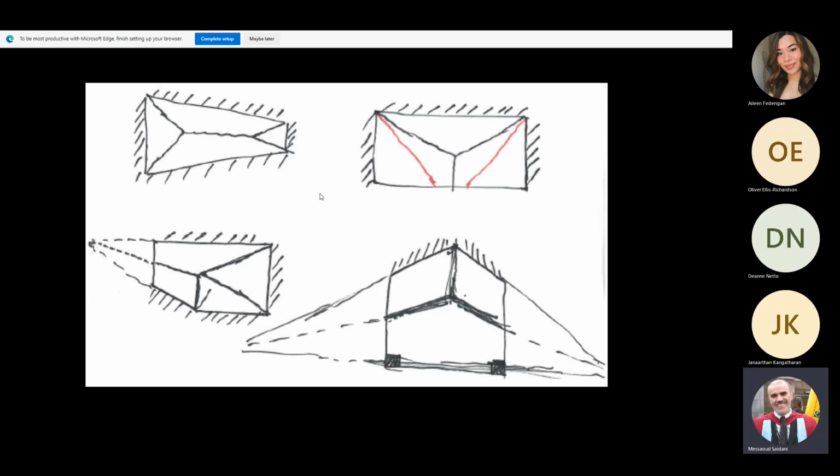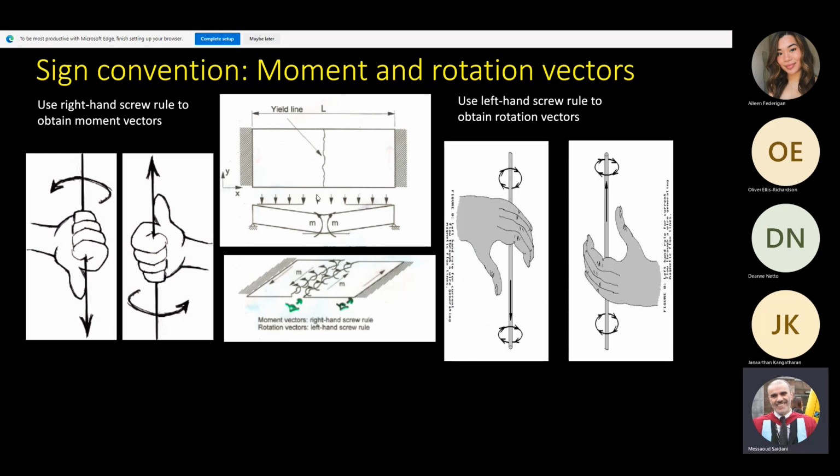Okay, so this is where you need to pay some attention, please. Slabs are not like beams. Slabs are 2D, isn't it? You've got two dimensions. With beams, usually we treat the beam as unidimensional, isn't it?